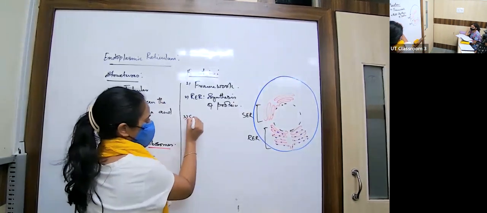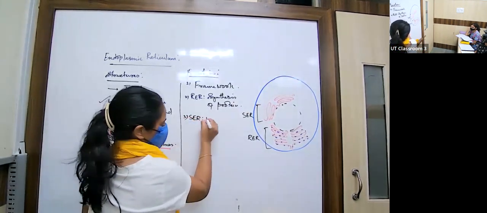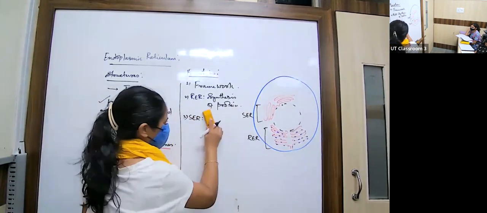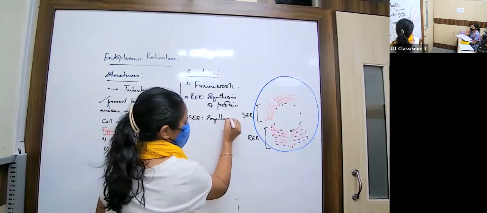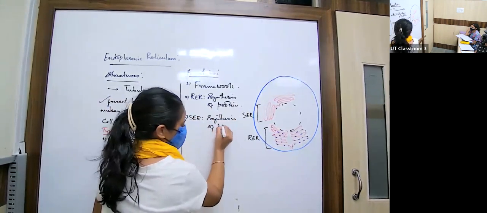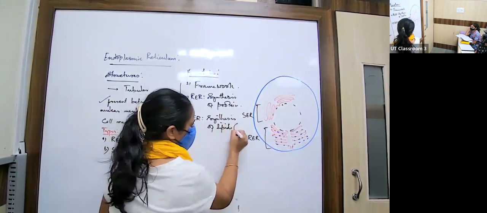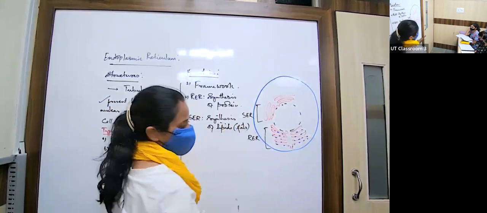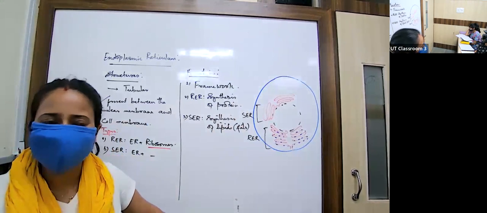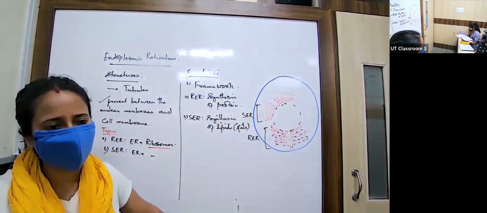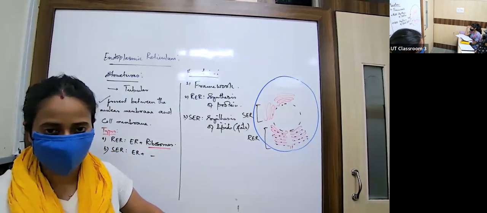Now let us see some functions of SER. What does the SER do? The SER helps in synthesis of lipids. What is the meaning of lipids? Fat molecules, fats. So now I am saying basically that the RER is majorly involved in the synthesis of proteins.